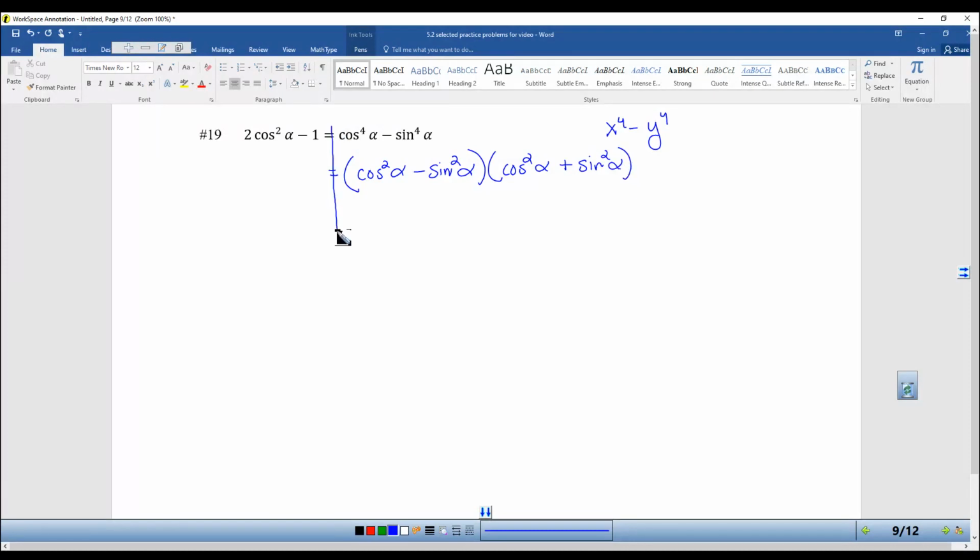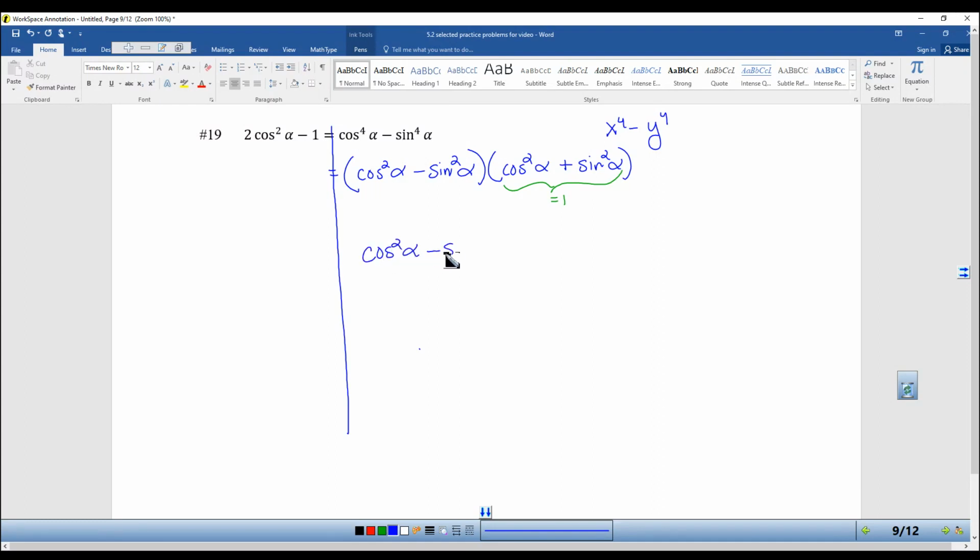So this is a particularly hard one for students because this part of it literally just goes away. Cosine squared plus sine squared is just equal to 1. So a lot of times people will do little things like that.